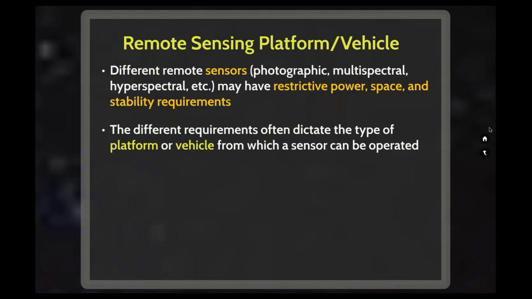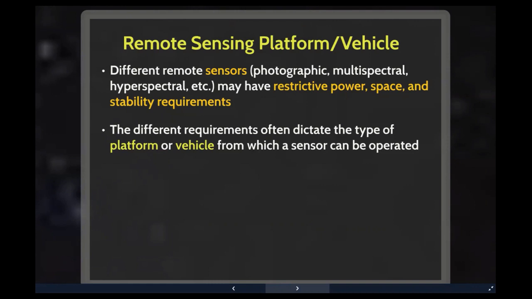For example, if you use a drone to collect data, only smaller lightweight sensors can be on board, or depending on which type of drone, maybe professional drones that can operate bigger sensors. In general, this is not really a consideration for us as geographers, environmental scientists, or earth scientists. But I do want to mention there are some general requirements by sensor, and as technology advances, you'll see more possibilities.